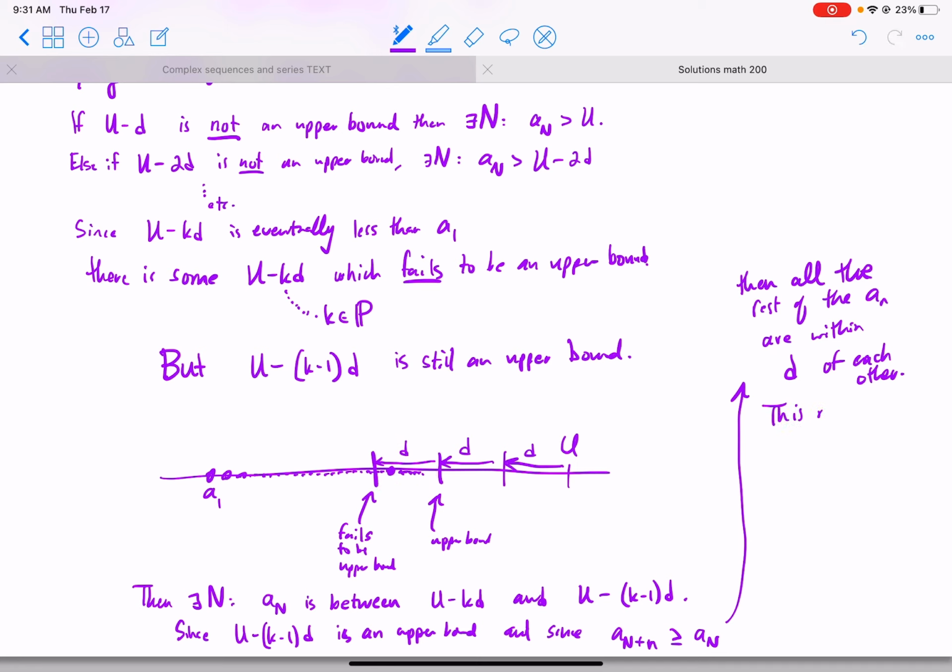This means that anything past that capital N, which must exist because this u minus kd failed to be an upper bound, so there's something past it, means m, n past that implies a sub n minus a sub m is less than d. The proof is over. We showed it's Cauchy, so that's it.